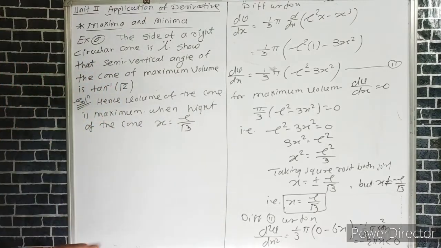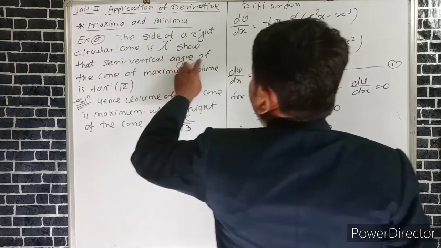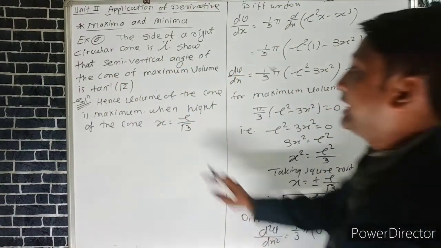Here we have to show that the semi-vertical angle of the cone of maximum volume is tan inverse root 3.